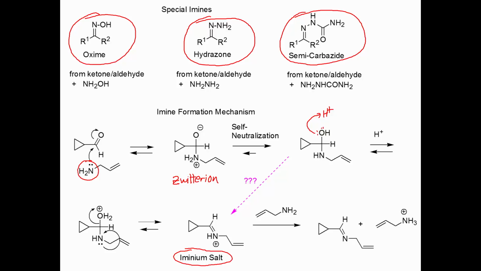Okay, a very common mistake, which I'm not sure is really a mistake, that a lot of people make when writing this mechanism, okay, is that, let me just redraw this compound. I'm going to put the lone pair here. They'll go right to the iminium salt by just kicking out hydroxide ion.